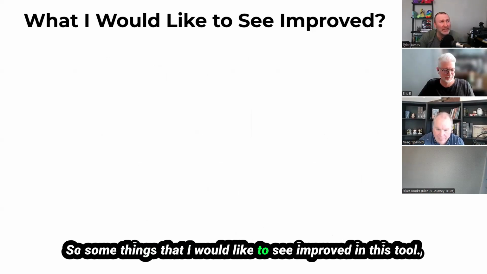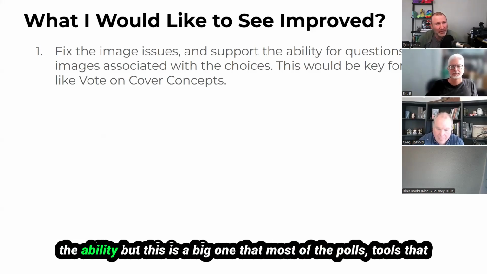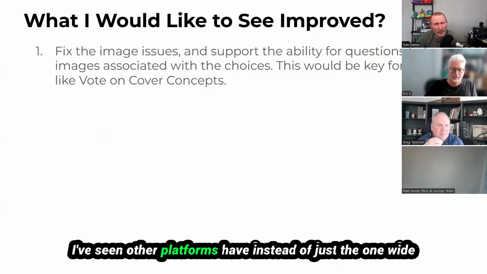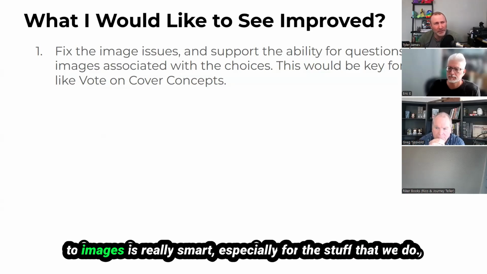So some things I would like to see improved in this tool are, first, the obvious: fix the image issues. But this is a big one. Most of the poll tools that I've seen on other platforms, instead of just the one widescreen image that you can post, a lot of times tying questions to images is really smart, especially for the stuff that we do.